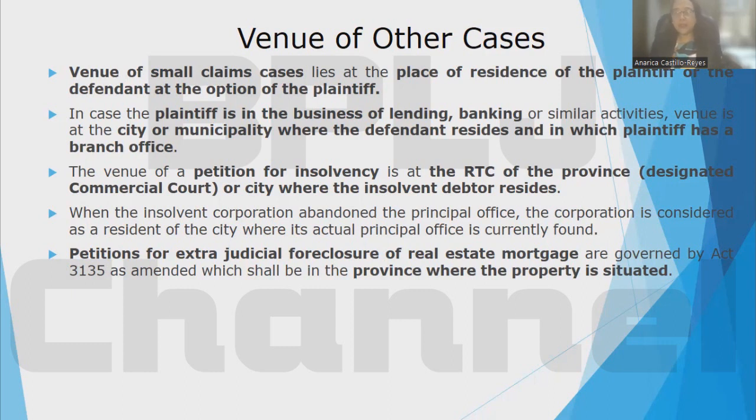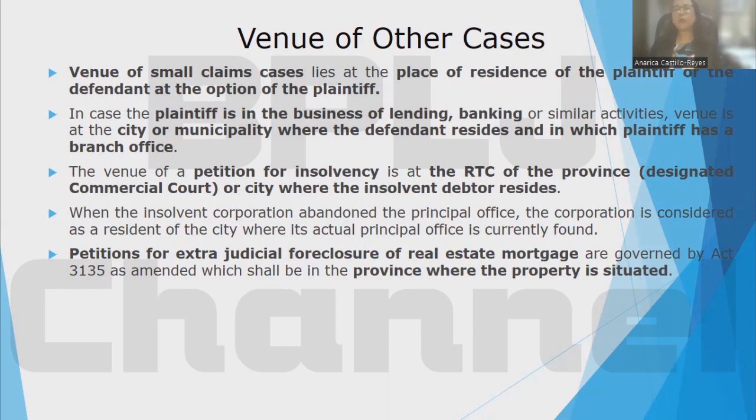On the other hand, the venue of a petition for insolvency is the RTC designated as commercial court where the insolvent debtor resides. When the insolvent corporation abandoned the principal office, the corporation is considered as a resident of the city where its actual principal office is currently found.